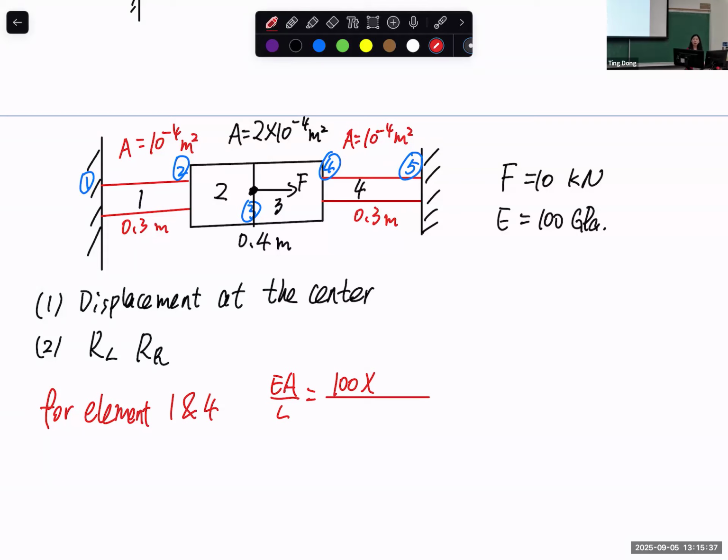In the end, the unit of EA over L should be Newton per meter. Always use consistent units in our FEA, because when you start using Abaqus, you will see that Abaqus does not give you space to define the units.